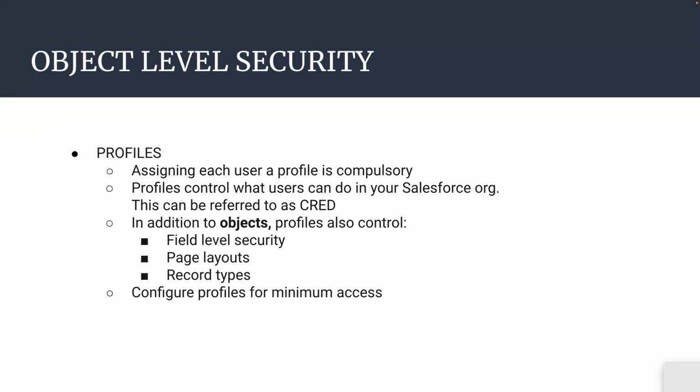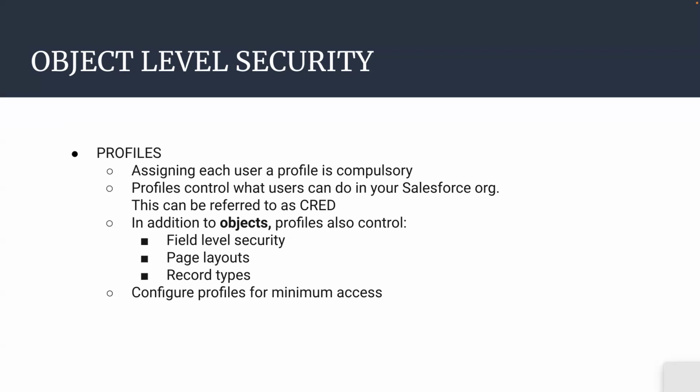When you give a user a profile, that defines what objects they can see. So it is defined, and I will show you on the org as well how you set up a profile and how it is defined on the profile. Profiles basically define, does anybody know what CRED means? C-R-E-D, create, read, edit, and delete.